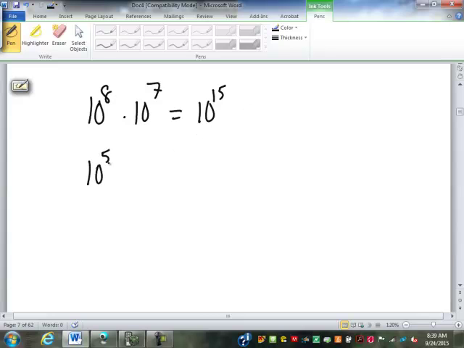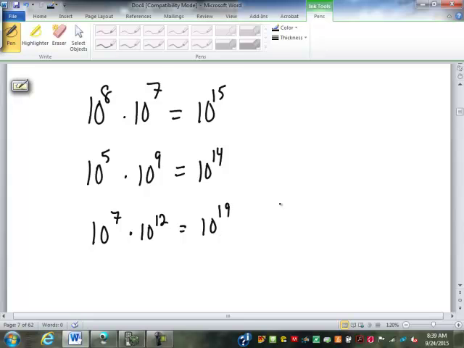So 10 to the 5th times 10 to the 9th is going to be 10 to the 14th. When you're multiplying the exponents, you add the powers. We'll try one more. How about 10 to the 7th times 10 to the 12th? 10 to the 19th. There we go.